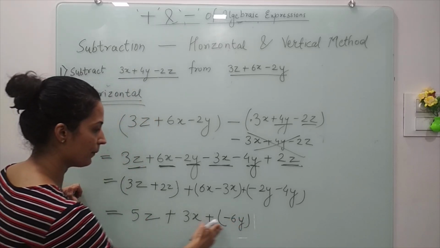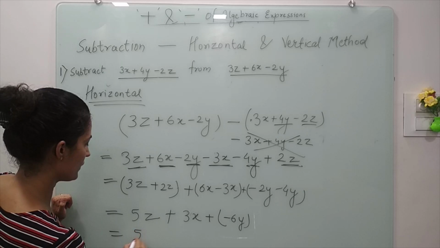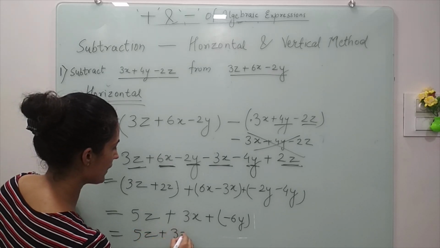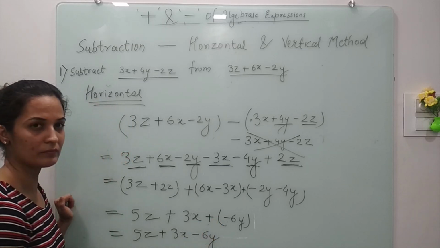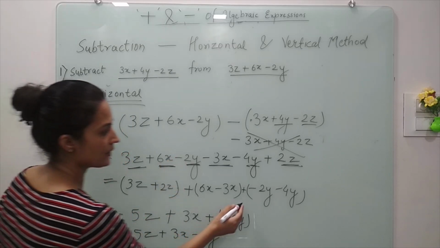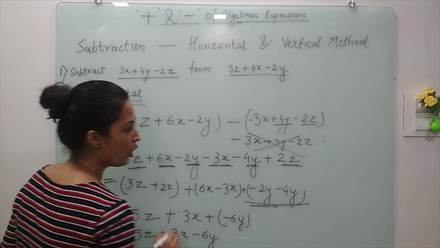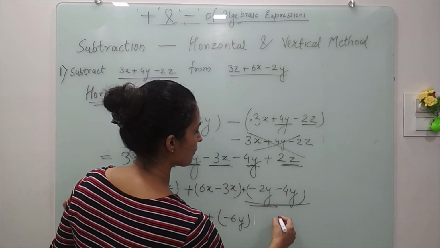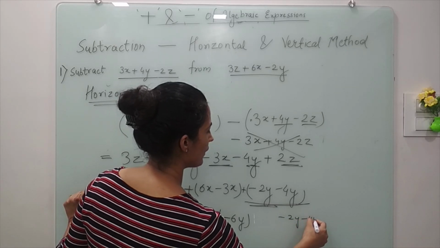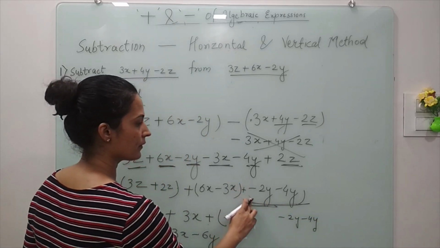Now I have to open the bracket here. So this is 5z plus 3x plus minus, which is minus 6y. Either I do it like this, or simply this can be written directly as minus 2y minus 4y without putting the brackets.